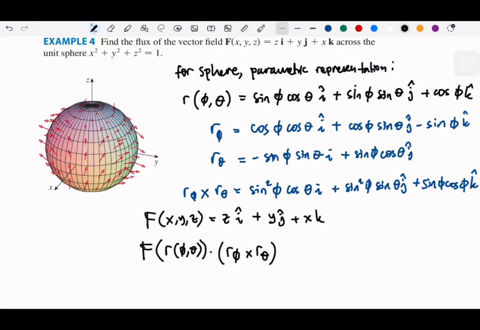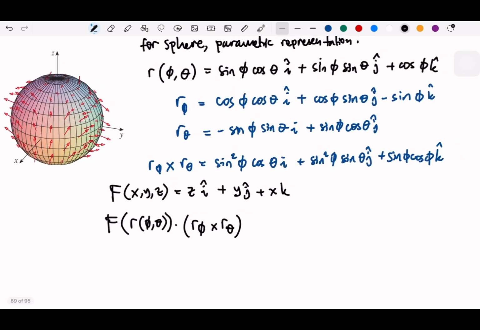You can check whether this is correct or not, but we put r inside F, and then take the dot product.